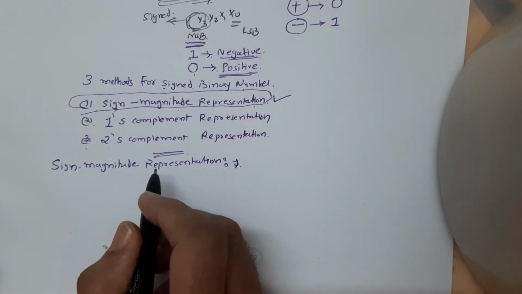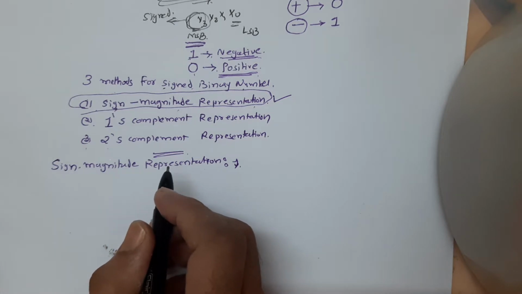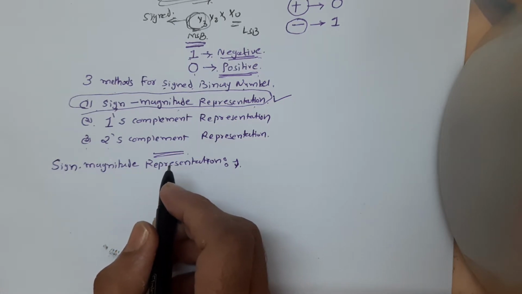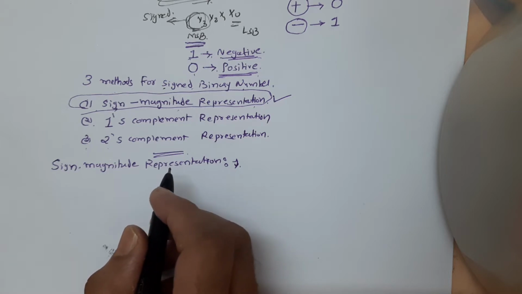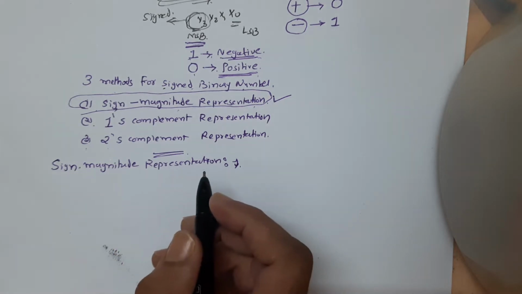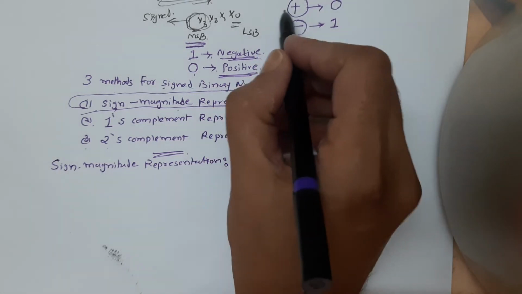What is the meaning of magnitude? Magnitude means value. And again here, when the MSB is equal to 1, the sign is negative, and when MSB is equal to 0, then the sign is positive, right?